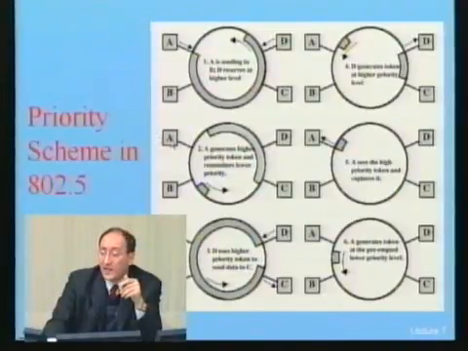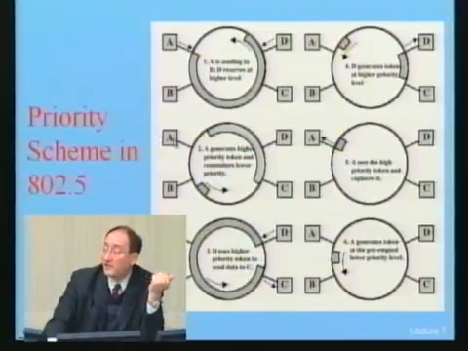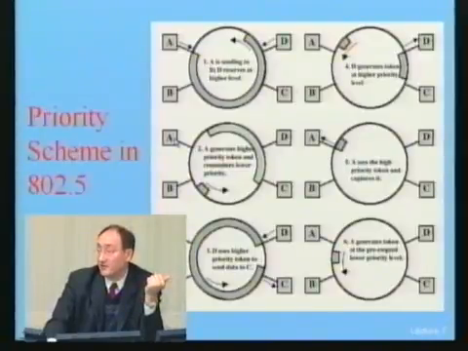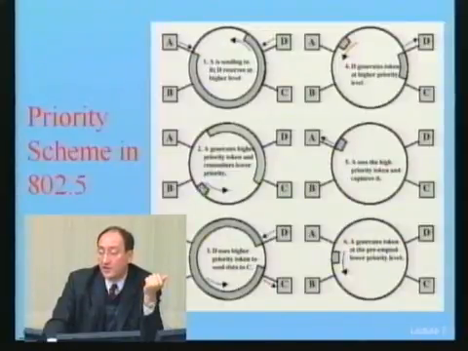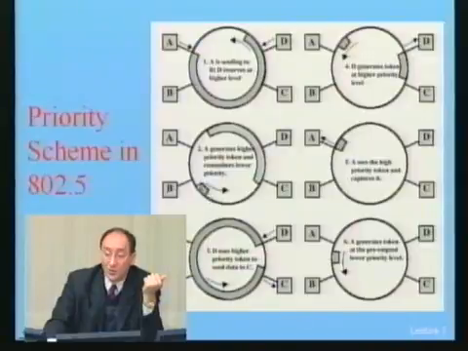At the same time, A will record the previous priority that it had. Now, this token comes in, and let's say B wanted to send something. B reads this token's priority, and sees that the priority is higher than its own. So it lets the token go.